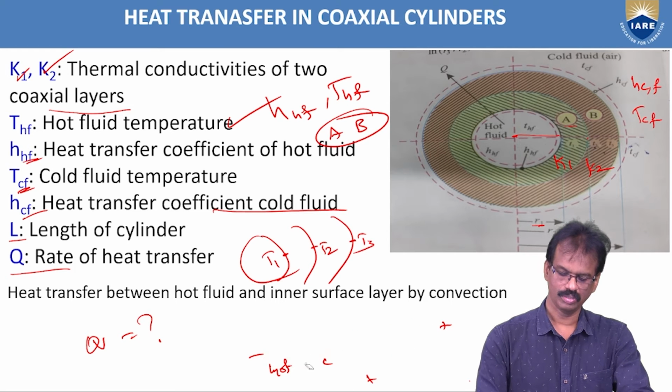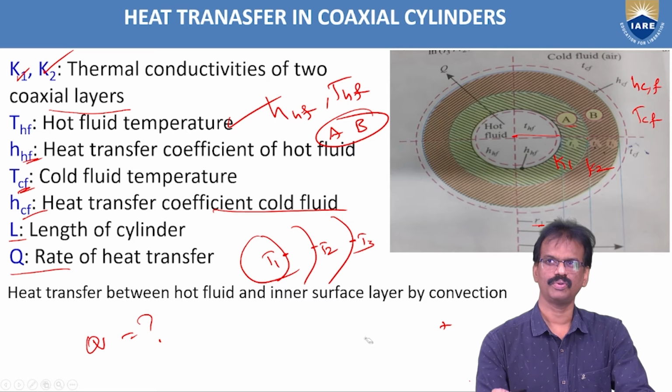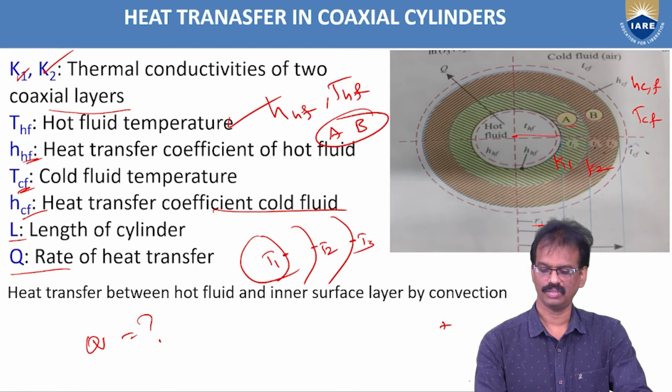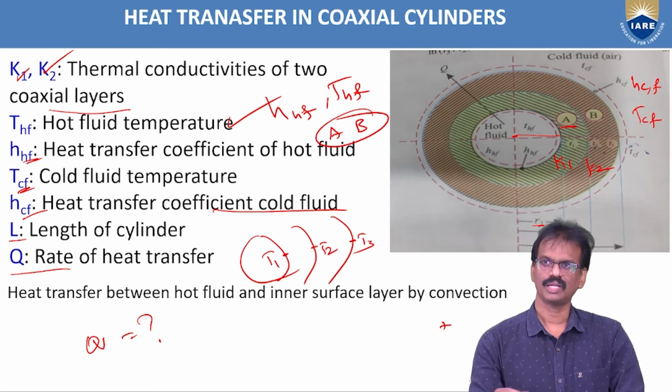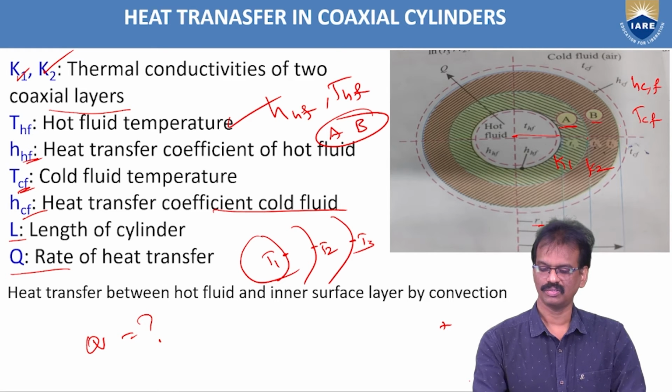First, convection from the hot fluid to the inner surface of layer A. Next, conduction in layer A. Next, conduction in layer B. Next, convection from the surface of layer B to the ambient temperature. We will see them one by one.